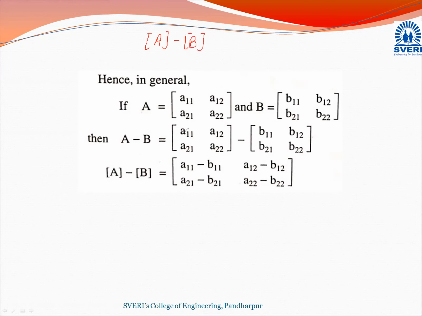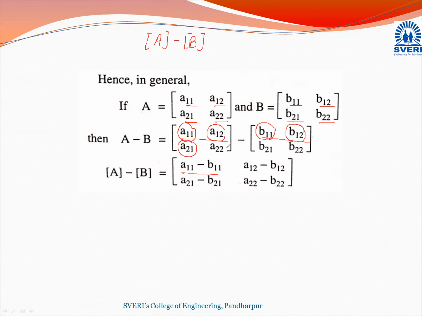So here, if we have a general example, matrix A with A11, A12, A21, A22 and matrix B with elements B11, B12, B21, B22, once again we are using the same method. First row of A, first row of B. First row, first element minus first row, first element of B. Then second element of first row minus second element of first row.